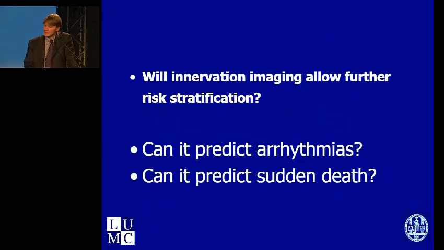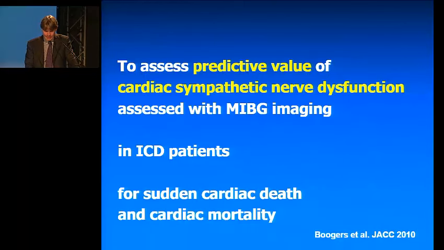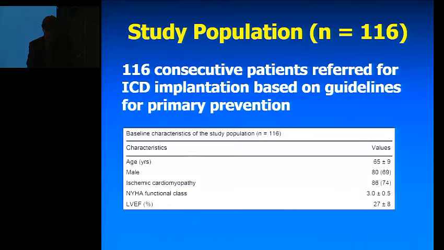So then the question is, will this innervation imaging allow further risk stratification? Can it predict arrhythmias? Can it predict sudden death? For that reason, we looked at our patients to assess the predictive value of cardiac sympathetic nerve dysfunction assessed with MIBG in ICD patients, for sudden cardiac death and cardiac mortality.